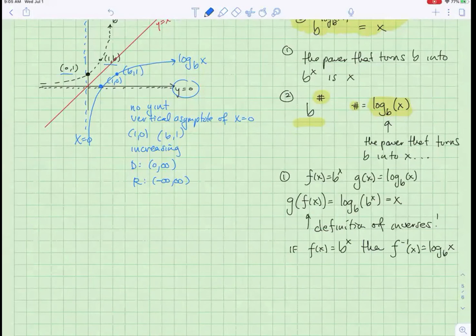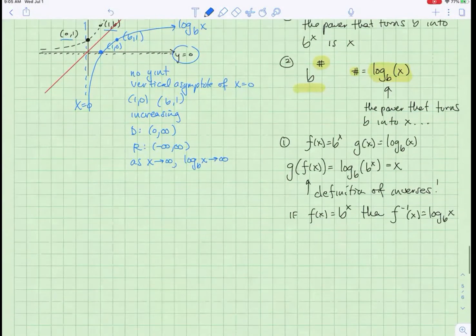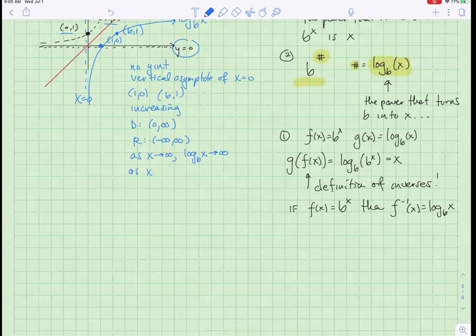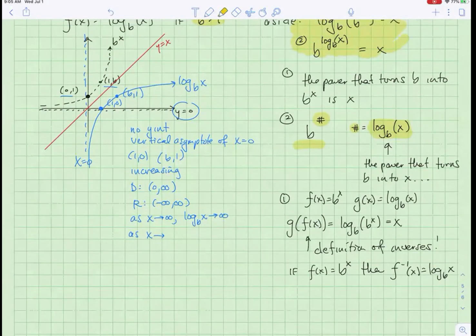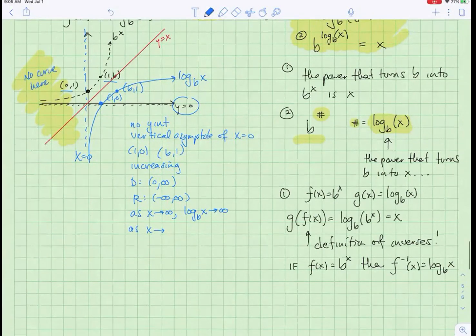Its end behavior is, as x approaches infinity, log base b of x approaches infinity. But, and this is a little bit different, x doesn't actually approach negative infinity. Note that for the blue curve, there's nothing going on over here. There is no curve in this region.